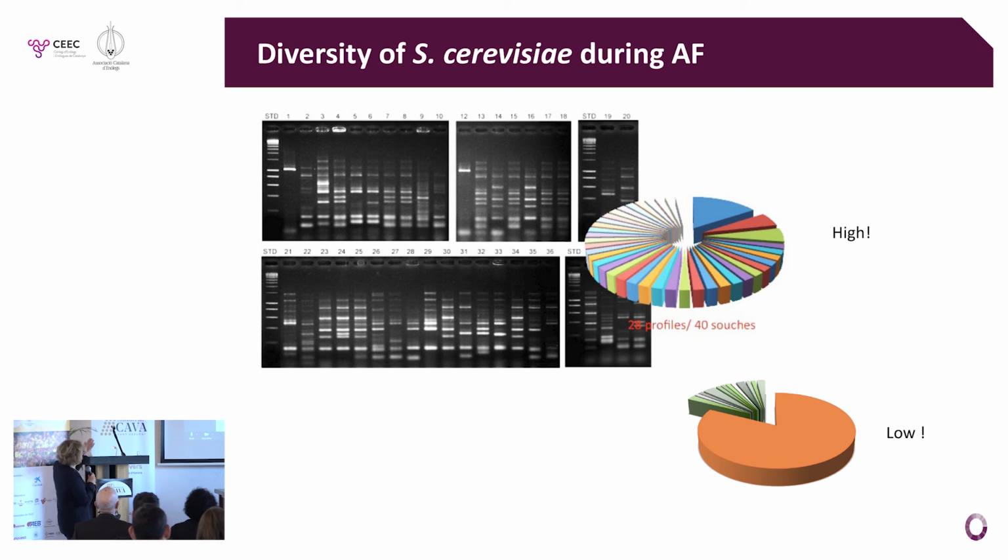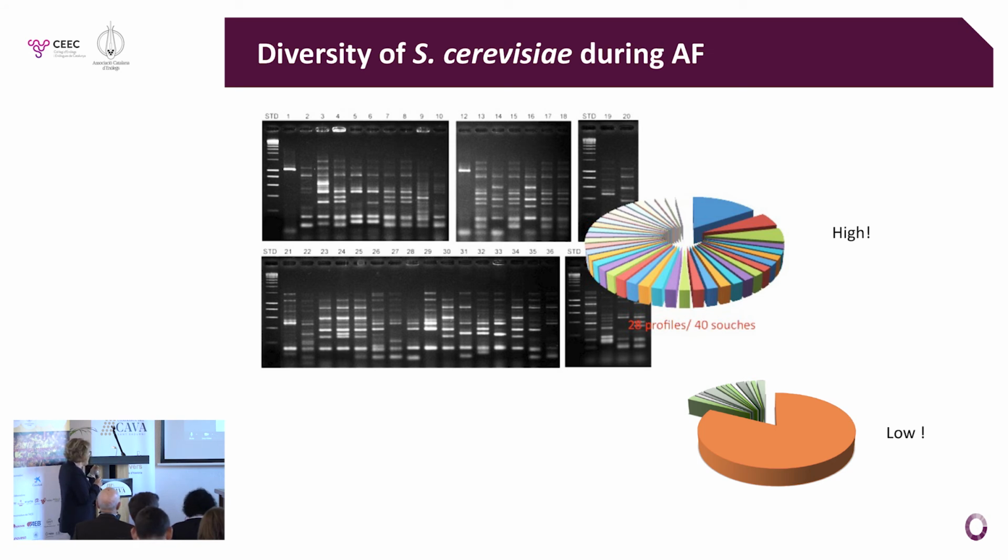For this spontaneous fermentation in New Zealand, we obtain a huge diversity of strains of Saccharomyces cerevisiae. But sometimes we can have a spontaneous dominant strain. So considering spontaneous fermentation, we can have both systems, high or low genetic diversity of Saccharomyces cerevisiae.